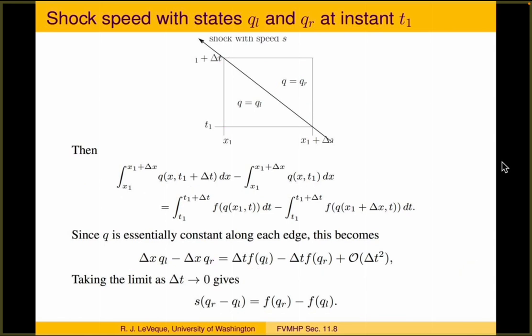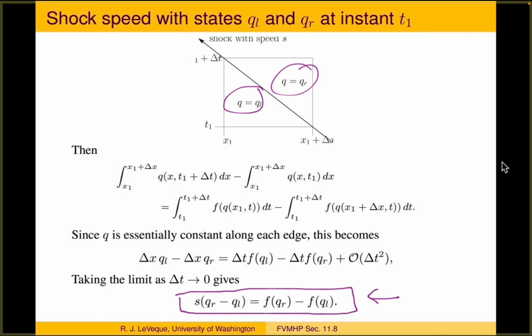So the upshot here is that if we have a shock that's propagating and we zoom in on what speed is it propagating at around a location where things are smooth away from this discontinuity, what we find is that the shock speed has to be related to the states QL and QR just to the left and the right of the shock by this relation at the bottom here, which is what's called the Rankine-Hugoniot relation.